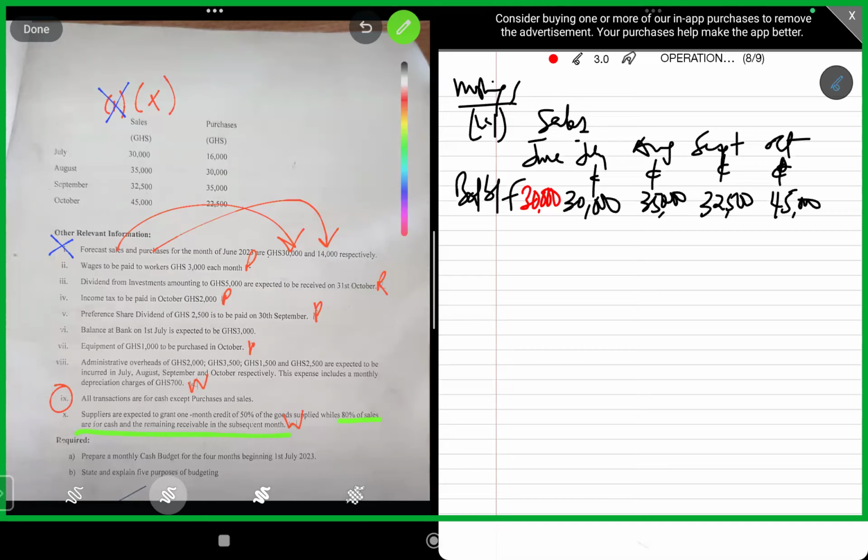Okay, so we will say cash collection, bracket 80%. So find 80% of 30,000.